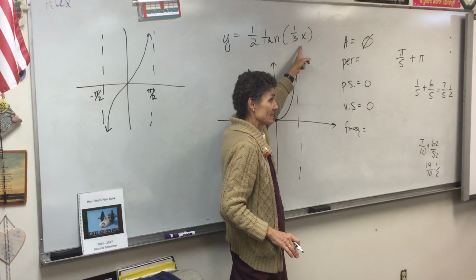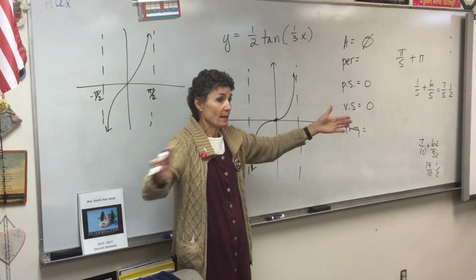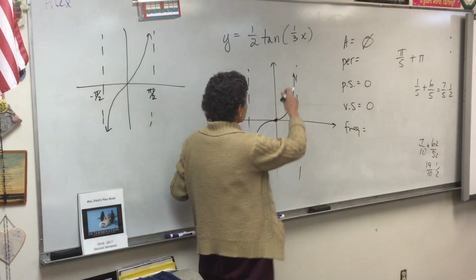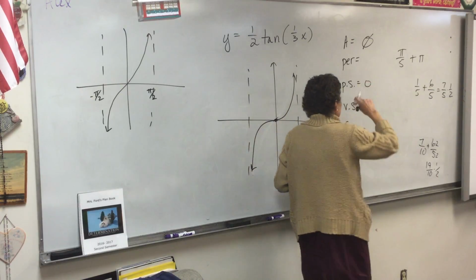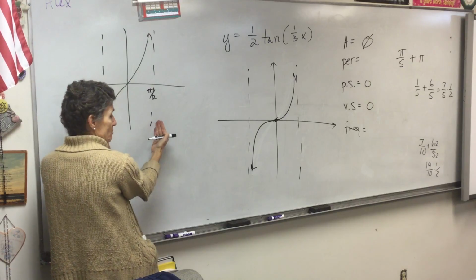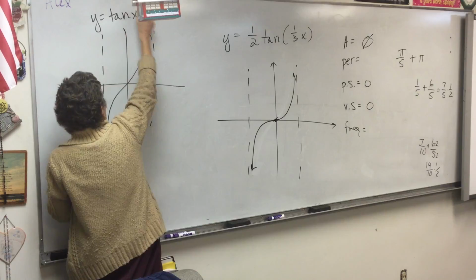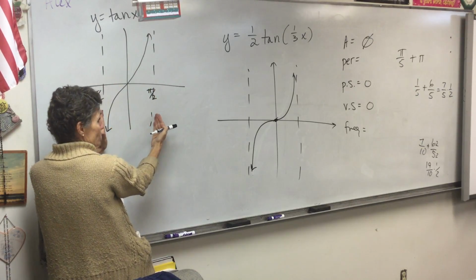This is a really big deal though. What does that change? That changes where your asymptotes are, and that's a big deal because this affects your period. Now, what is the normal distance between asymptotes? This is a normal tangent curve right here. What is the normal distance between the asymptotes?